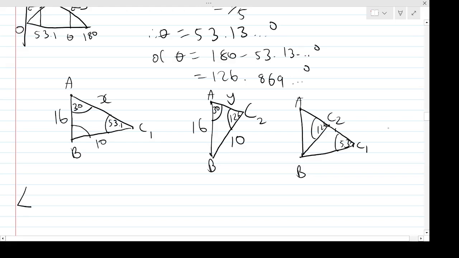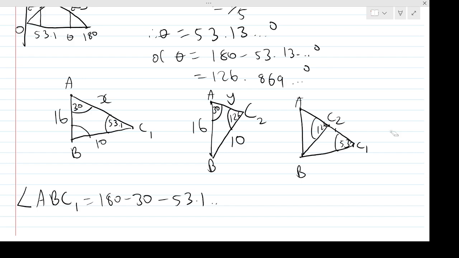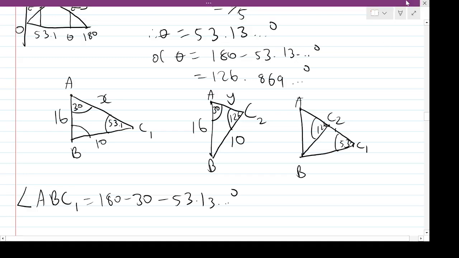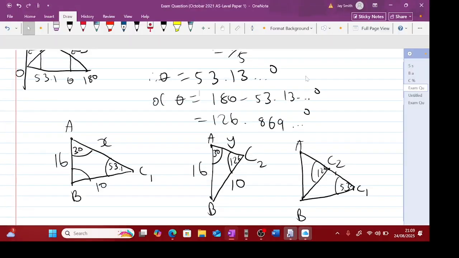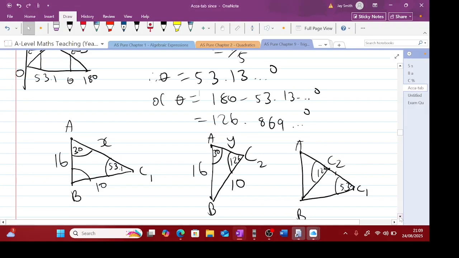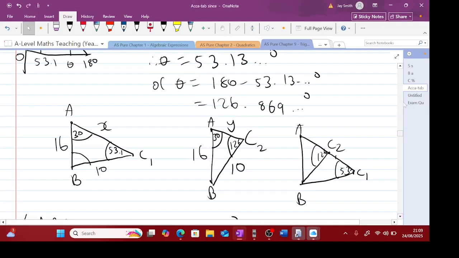So if I do angle ABC1 here, then that's going to be 180, take away the 30, take away this 53.113 dot dot dot. Okay, right, this is when I'm going to have to pull up the calculator again now, because I'm going to need to reuse my previous answers, right?